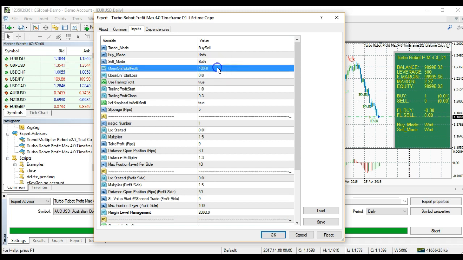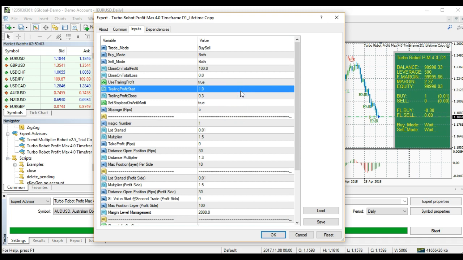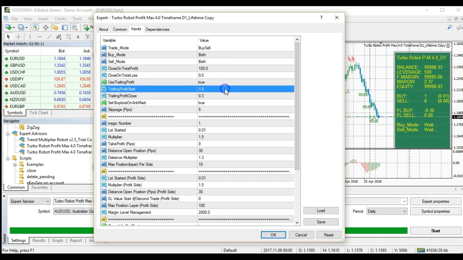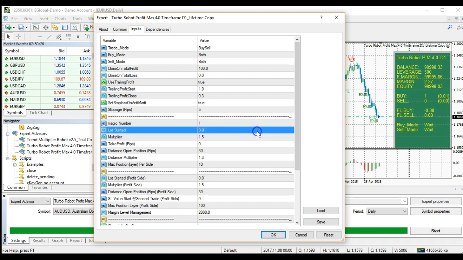The rest of the settings will be the same as in our default setting. The purpose here is to take out the martingale, because some people don't have much money.